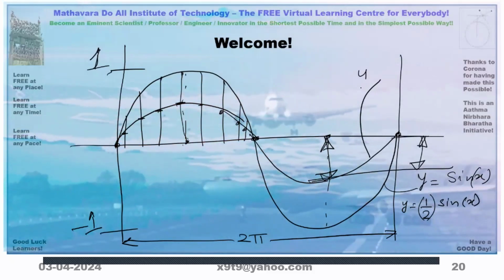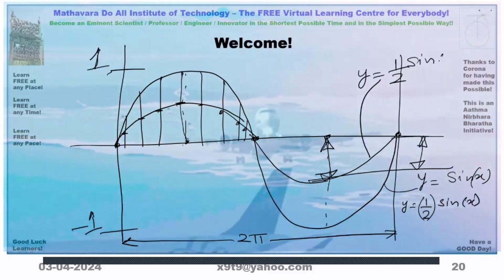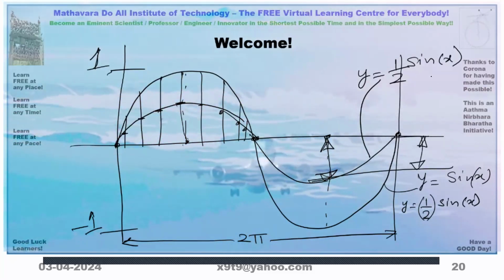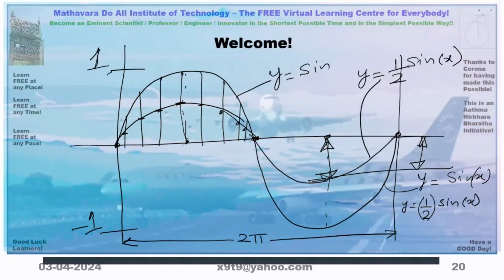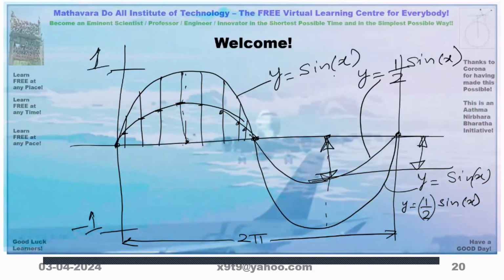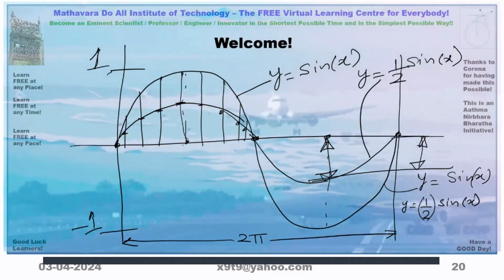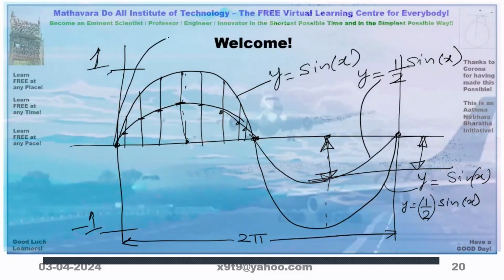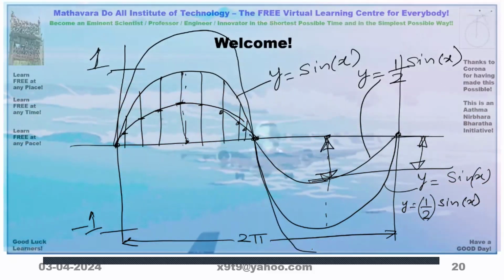So this graph is y is equal to half sin x, whereas this is y is equal to sin x. So y is equal to 1.5 sin x. It will go like that.